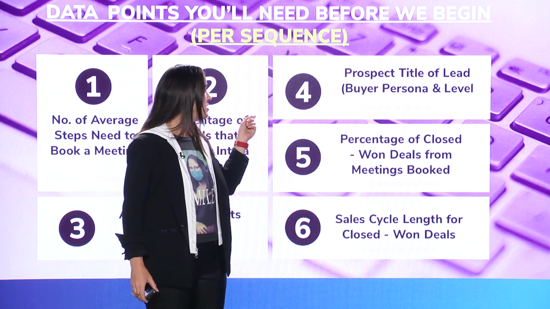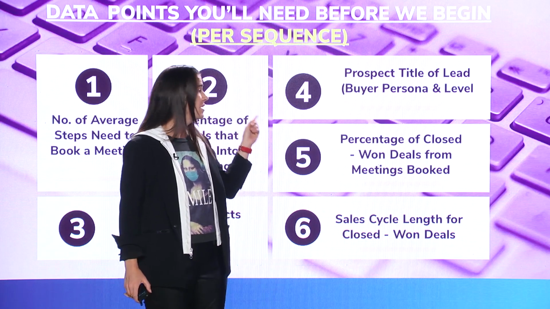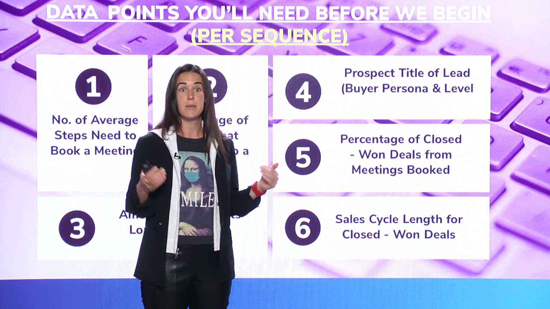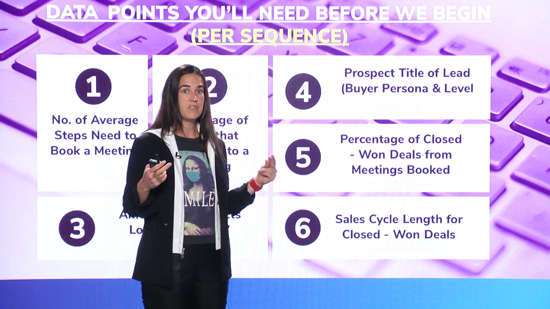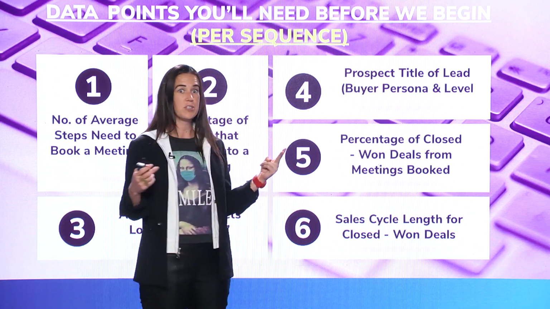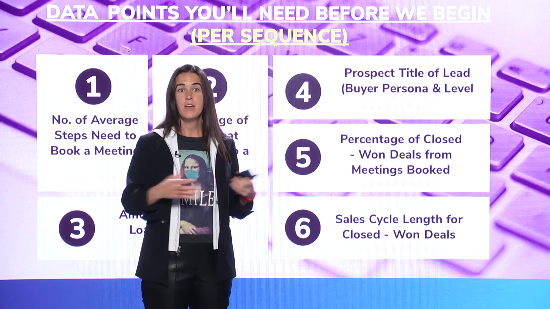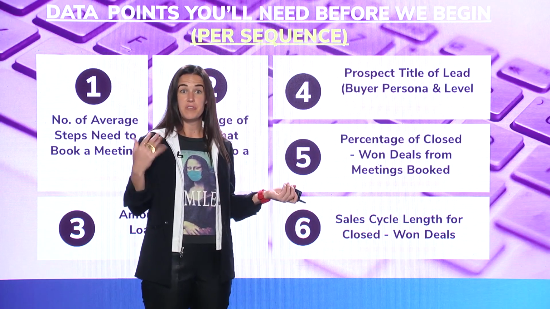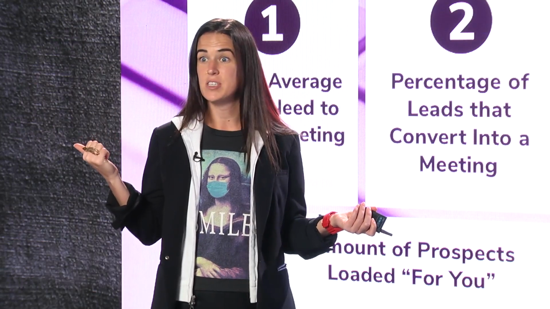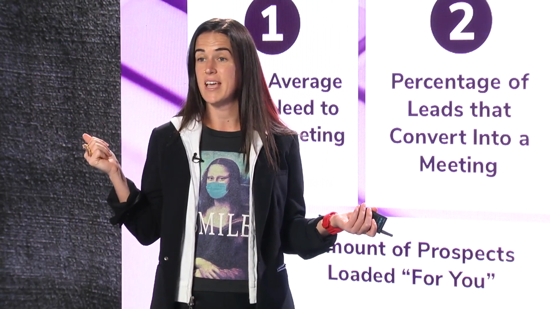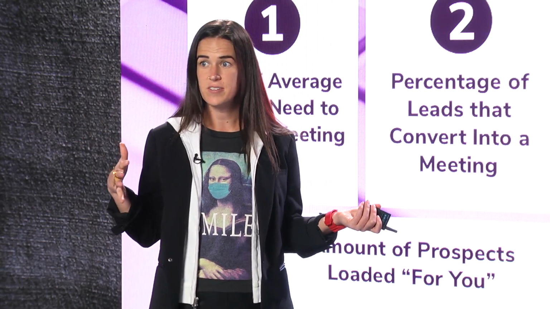Number 4, the prospect title of the lead, the buyer persona and level that are typically booked for these sequences. So you want to define into 2, both buyer persona and the level of their roles. So for instance, at my last company, we sold into 5 different buyer personas: sales enablement, sales operations, revenue leaders, SDR leaders, and account executive leaders.